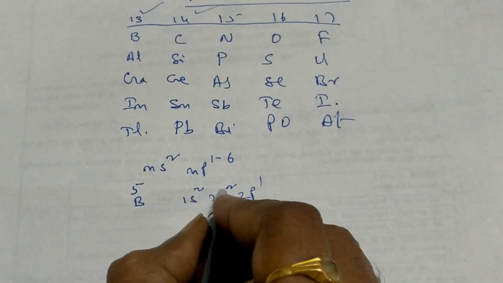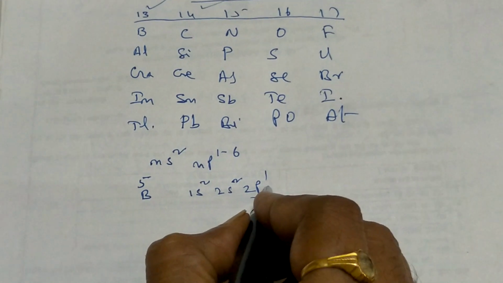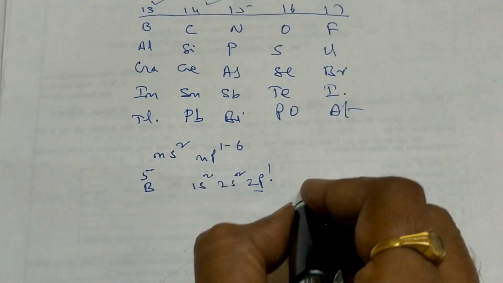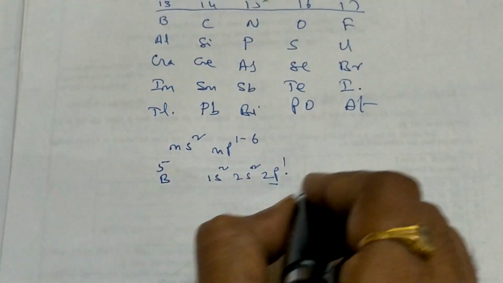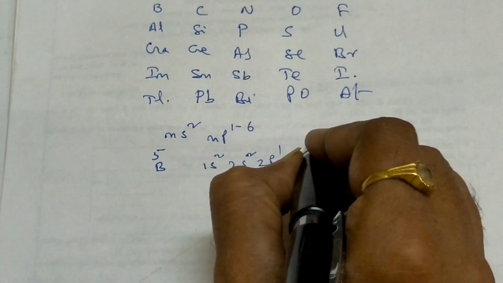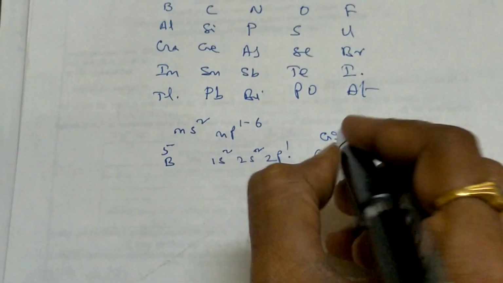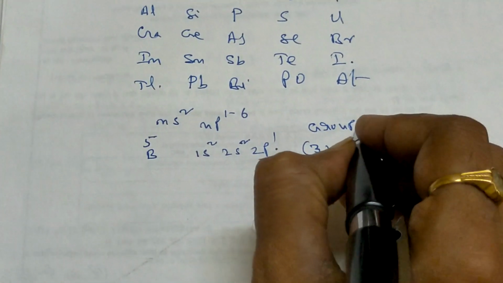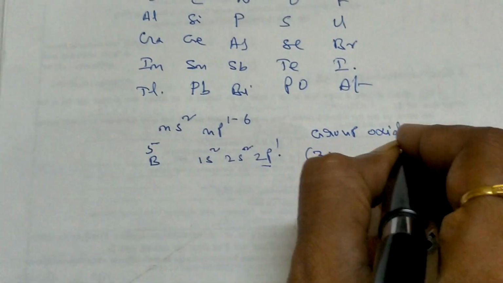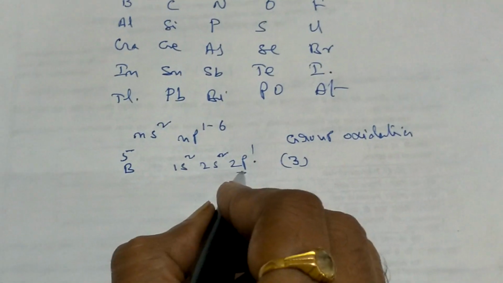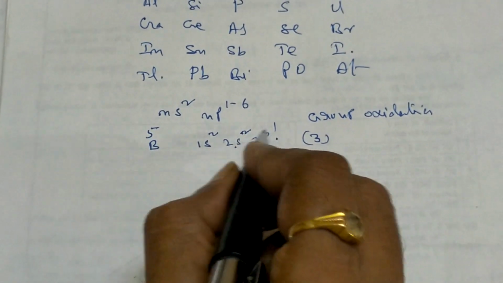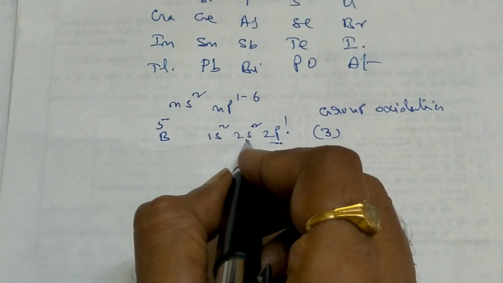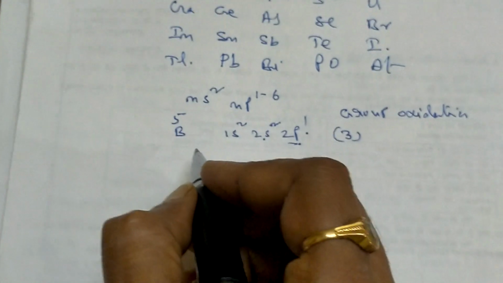Here 1 from the s will jump into the p, so total 3. So the normal oxidation state, that is the group oxidation state, is 3. Remember the words carefully, it is called group oxidation state. There will be some exceptions. You understood why 3? 1 in the p, 1 from s will jump into the p, so total 3.